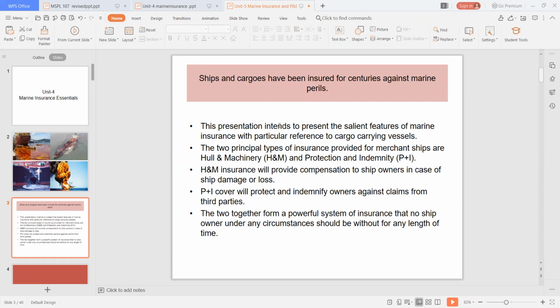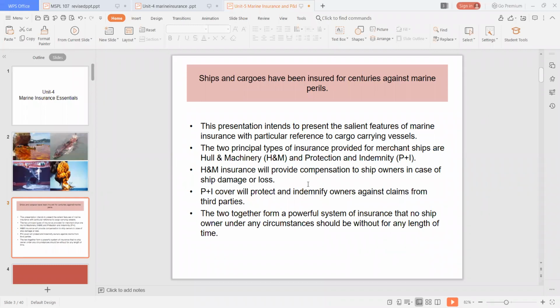So this presentation intends to present the salient features of marine insurance with particular reference to cargo carrying vessels. The two principal types of insurance provided for merchant ships are hull and machinery, H&M, and protection and indemnity, P plus I. This is the fifth unit actually, protection and indemnity.